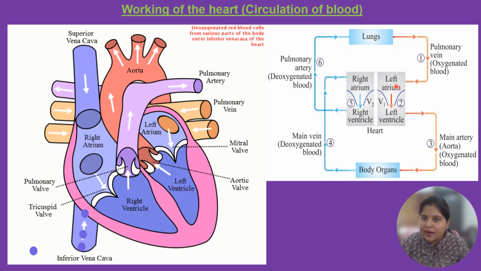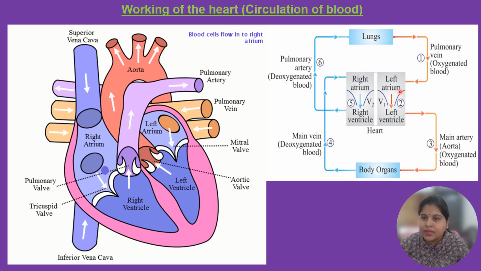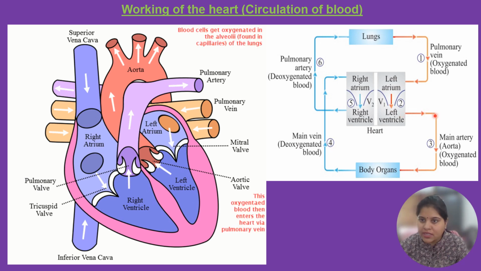So when the left atrium contracts and the left ventricle relaxes, that time blood flows from the left atrium to the left ventricle. Then from the left ventricle, with the help of the aorta, the main artery, oxygenated blood is transferred to the other body organs.